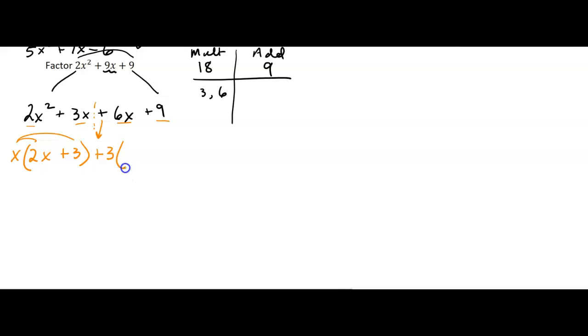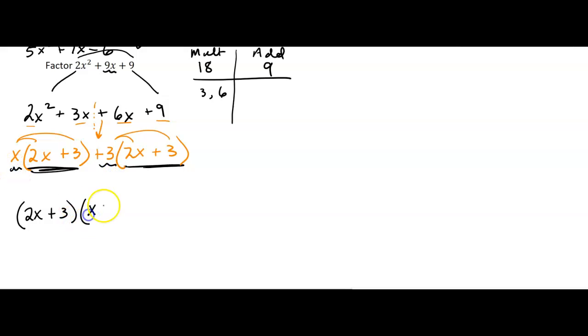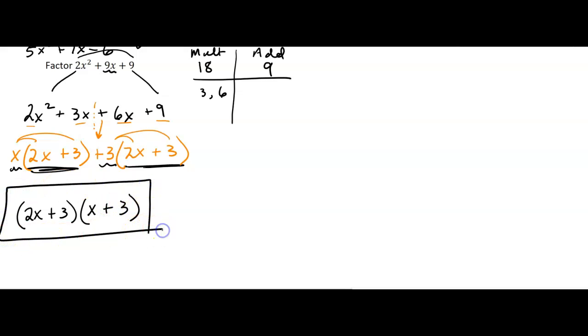It's a 3, and then you have left 2x plus 3. This is the 6x, that's the 9. Now, the big highlight moment here is that parenthesis the same as that parenthesis. Yes, then our grouping worked. And so we have the factor they have in common, 2x plus 3. And then you have these little things in front making the other factor, x plus 3. You can check it with FOIL, but it's all going to work.